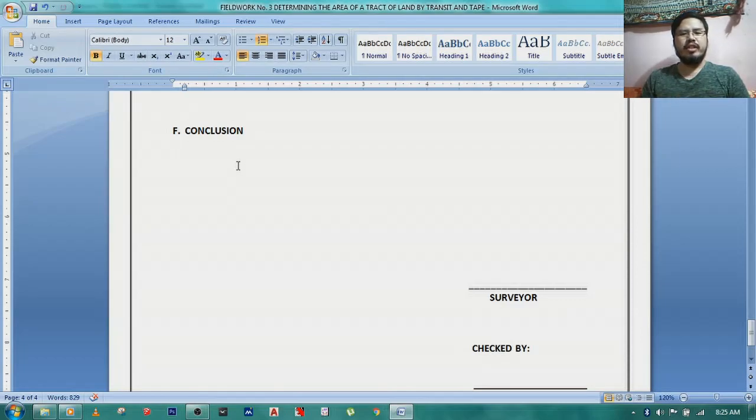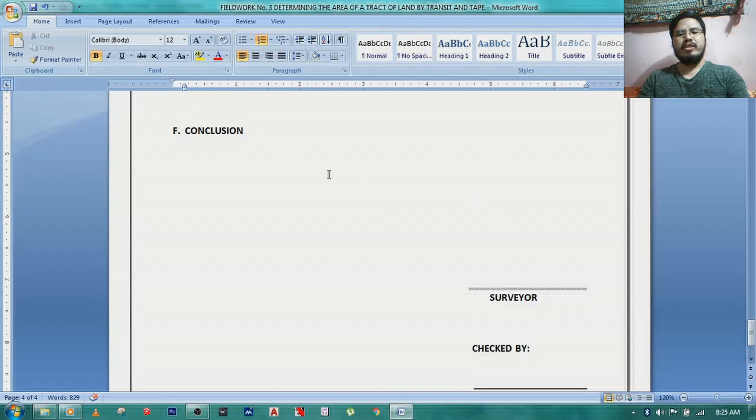It should not be like, for example, "Therefore I conclude that first we establish station A, and then we set up our transit at station F." That is not a conclusion, that is procedure. Your conclusion should reflect what you have learned in your fieldwork.